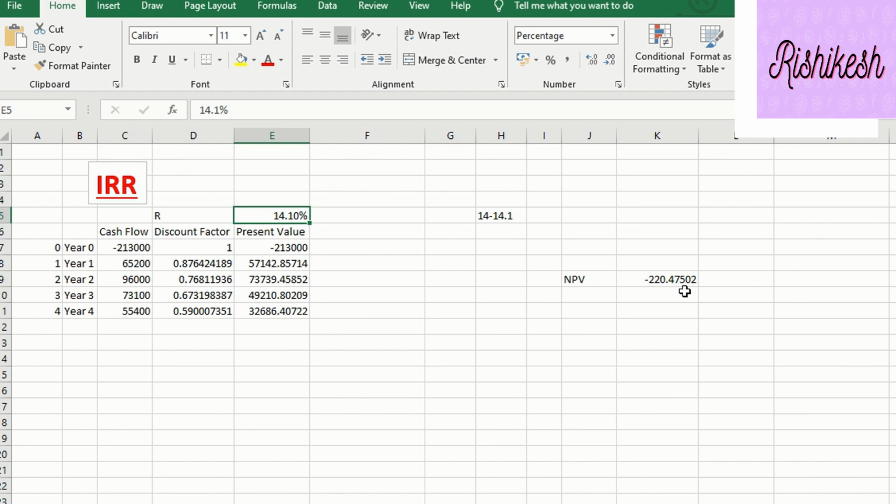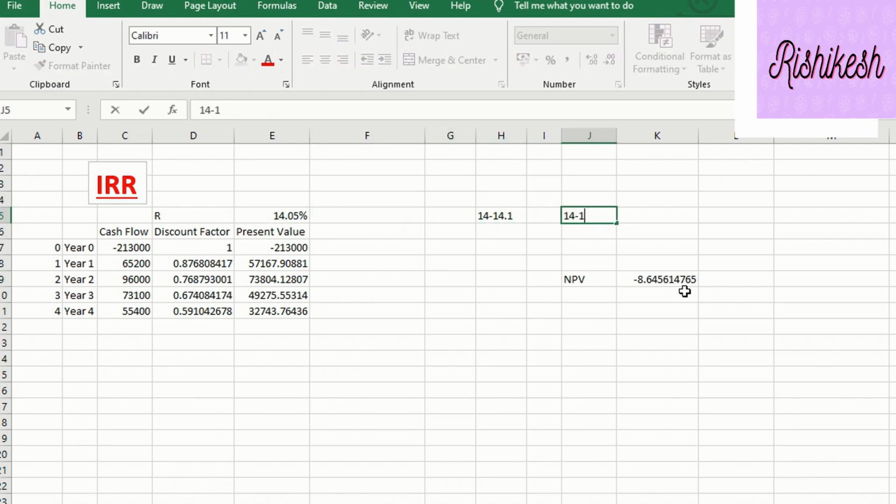Since we know that it's going to be between 14 to 14.1, let us put this value as 14.05. So it's -8. So it's very close over here. I'm again sure that it's going to lie between 14 to 14.05. So I'm getting closer.